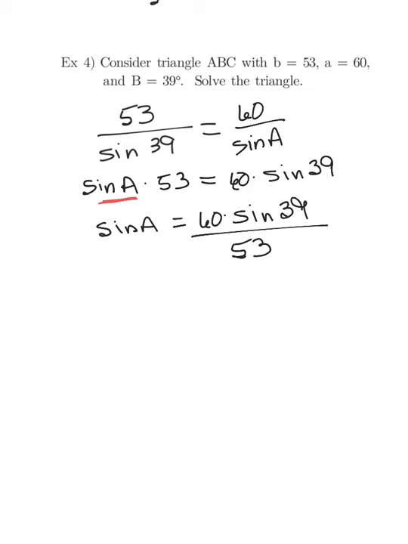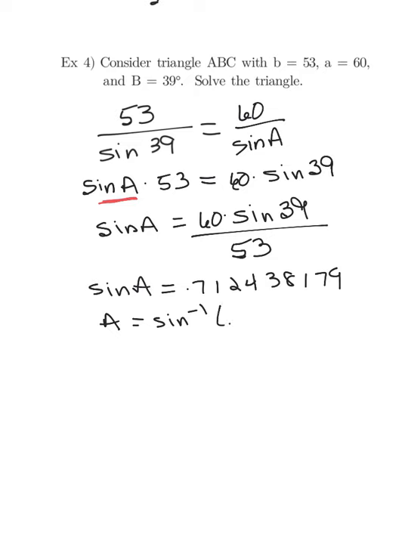You will then get that the sine of A equals 0.712438179. To find what A equals, you have to do the inverse sine of that big long decimal. And this should give you an angle A of 45.4.